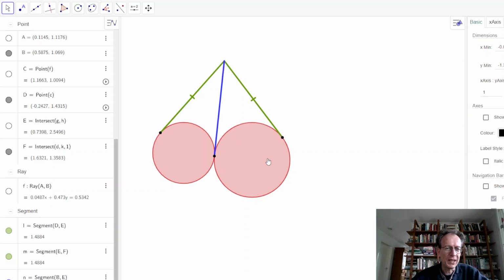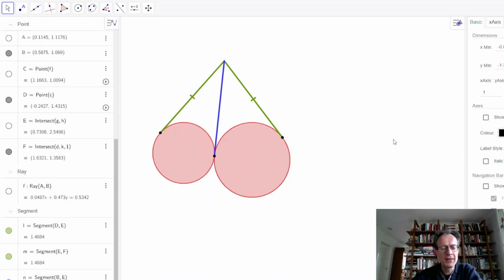They are shown in green and they are intersecting, and those two tangents, those line segments, are of equal length. And there is a third line, a blue line segment from the intersection point to the tangency point of the two circles. And we are asked to prove that this blue line is actually a common tangent of both circles.